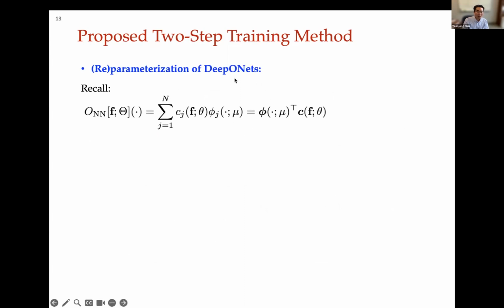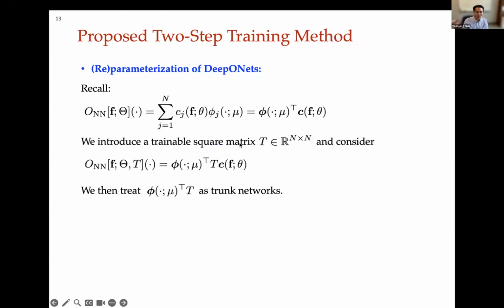And we are going to apply a so-called reparameterization trick in the DeepONet structure. So this is the standard DeepONet architecture, with coefficient and basis type, in vectorized notation: the collection of all the trunk networks in terms of the last layer width, and C is just a vector collecting all the coefficients, the branch network.